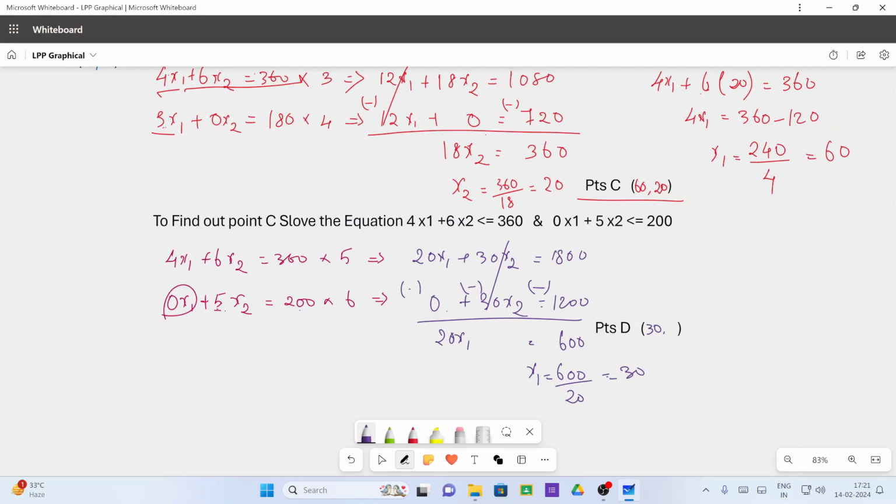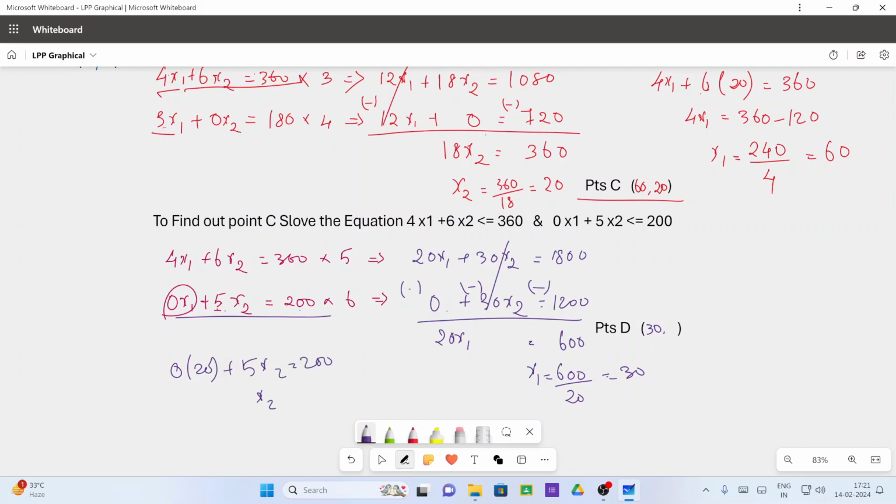Now we have to substitute the x1 value in any of the equations so that we can find out the value of x2. We'll use the second equation. 0 times 30 is going to be 0, and 5x2 equals 200.